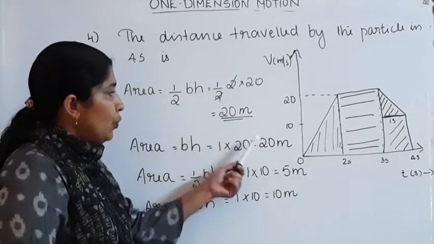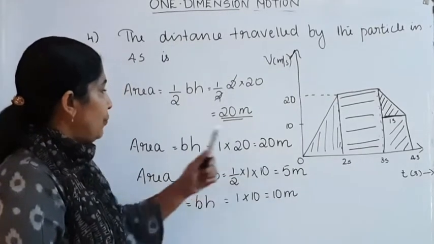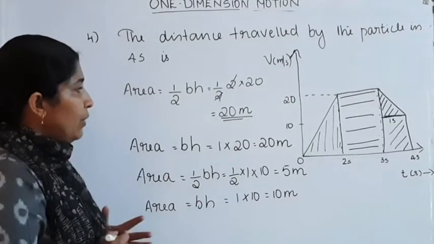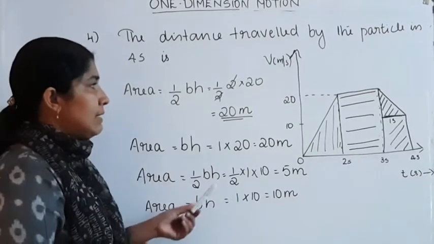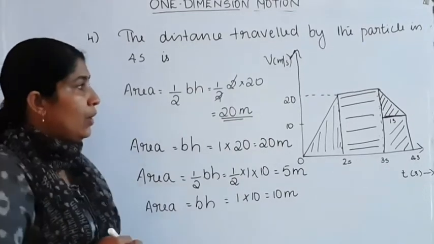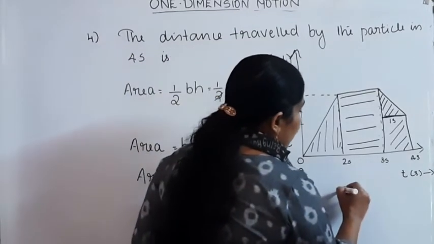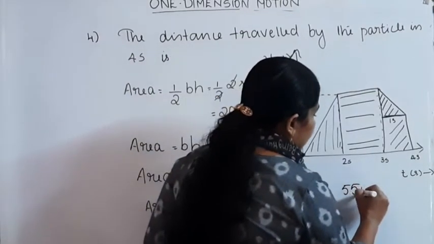That is 40, 40 plus 10 is 50, 50 plus 5 is equal to 55. Okay, within 4 seconds, the distance traveled by the body is equal to 55 meter.